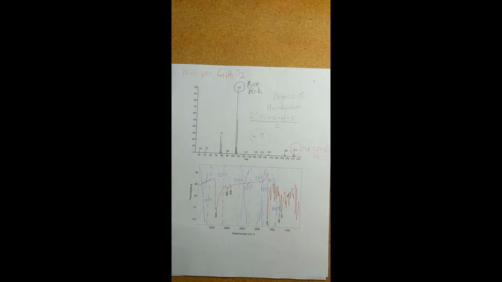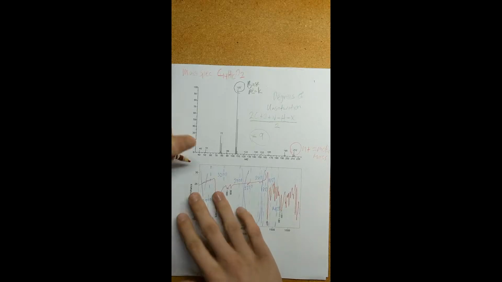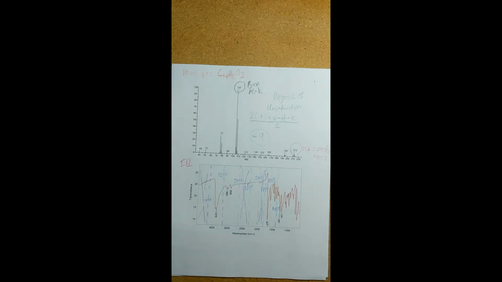So now that that has been completed, we are going to move on to IR, which is going to help us determine functional groups within our structure. As you can see, I've already gone ahead and marked off the zones and labeled their respective numbered locations. I've also marked out the zones that we will not be looking at.